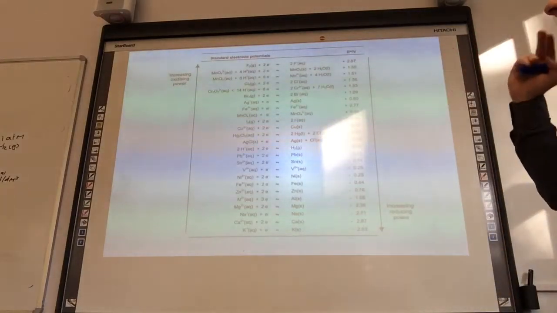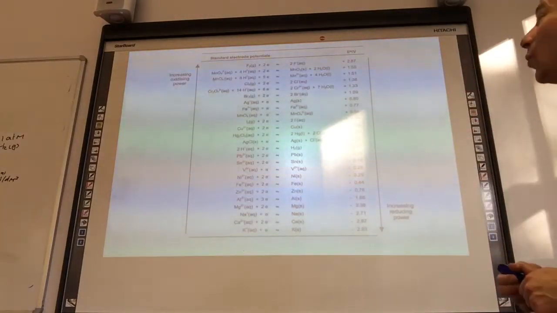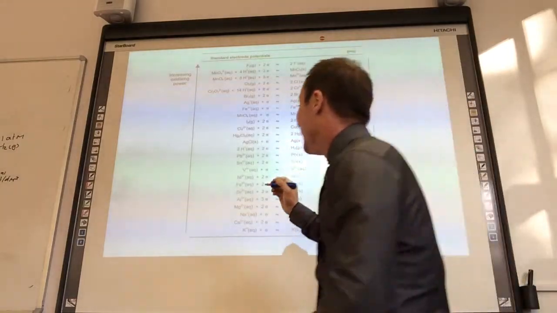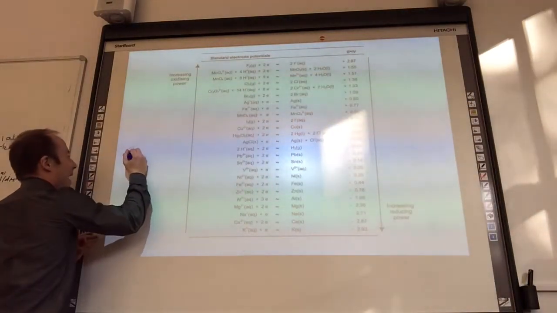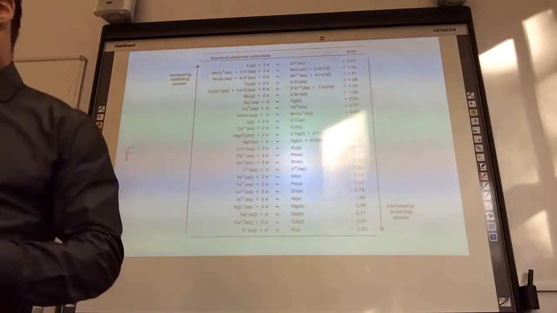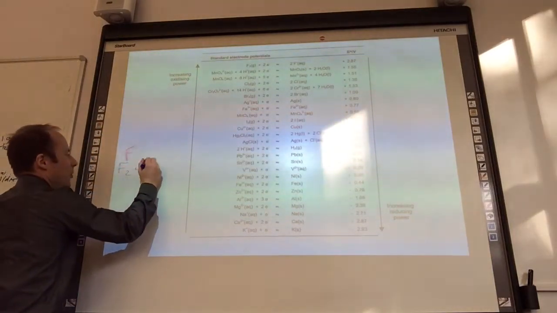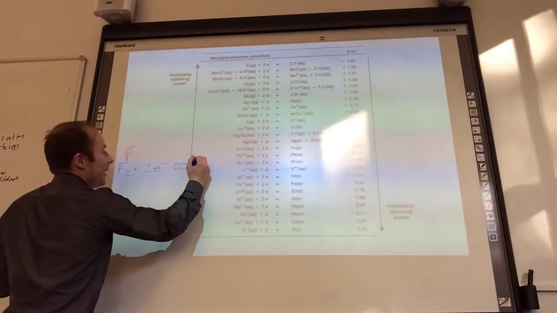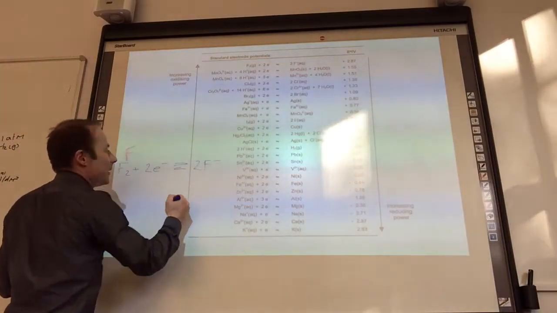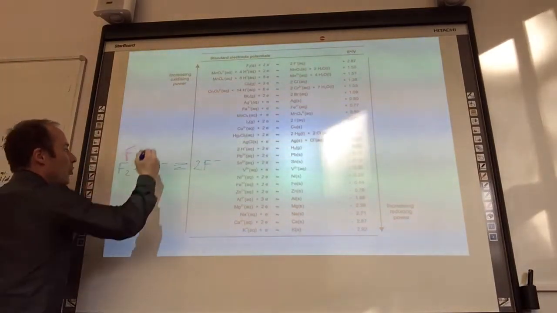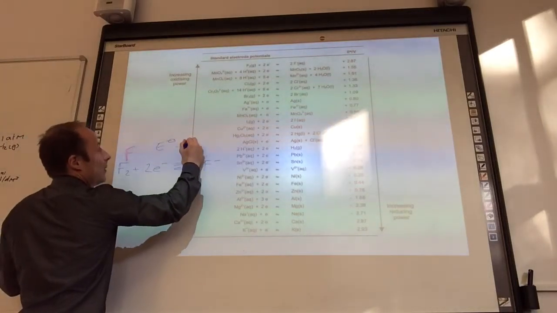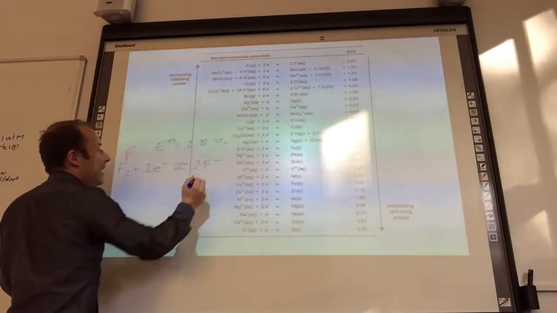Now, how can you think of that in terms of equilibria? Well, this one is F2 plus 2 electrons in equilibrium with 2 F minus. That is a very positive electrode potential.